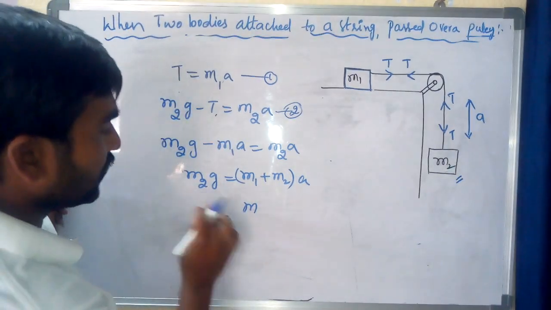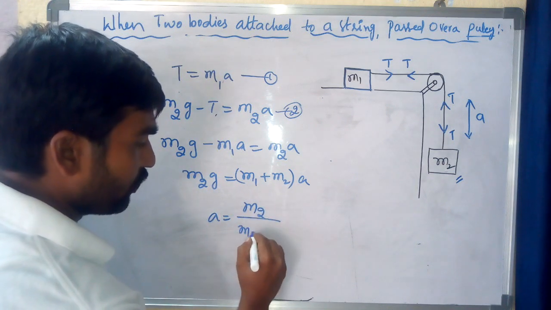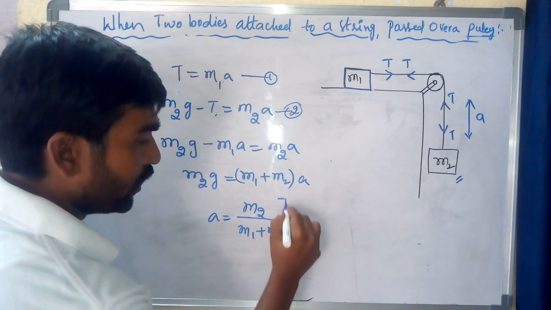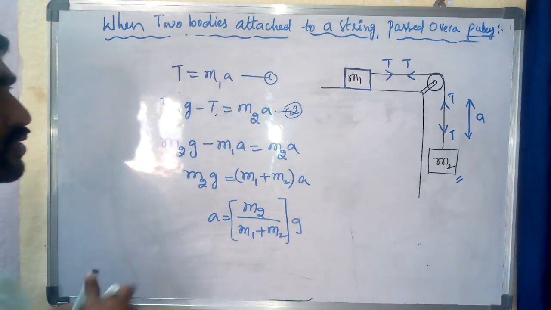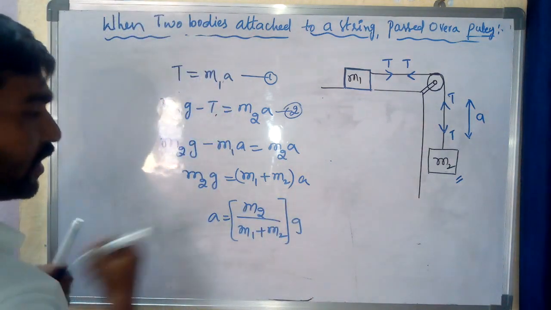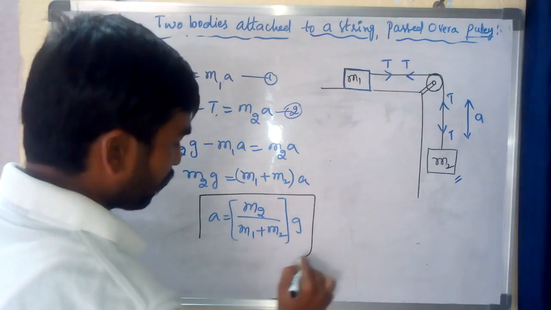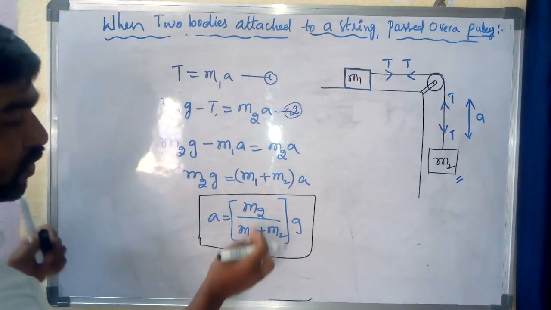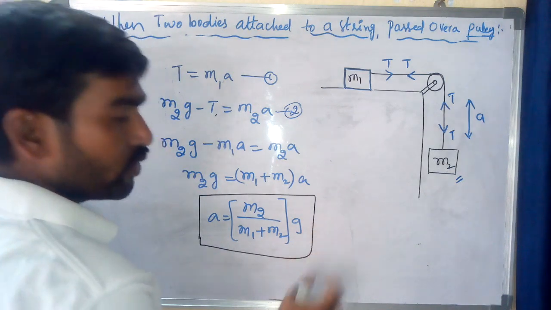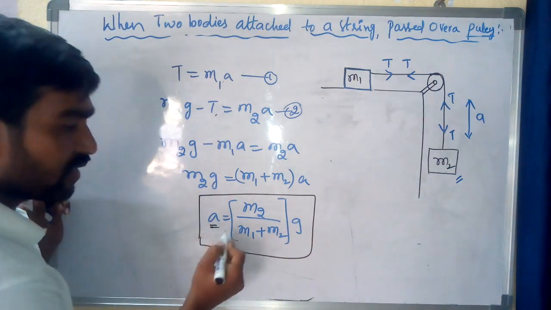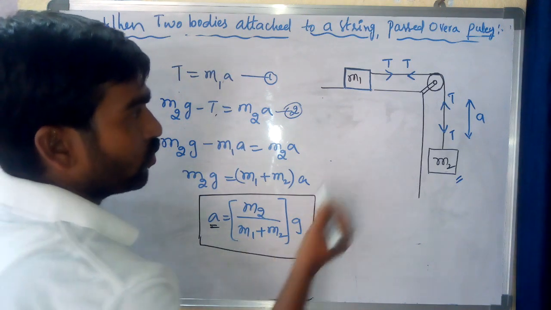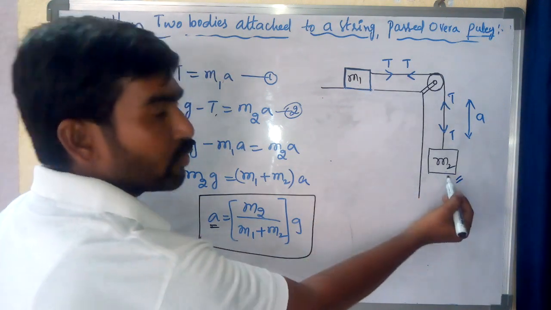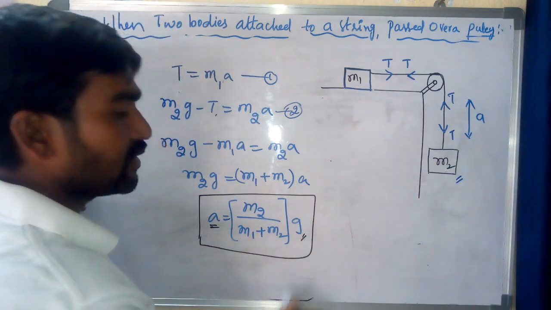That is m2 by m1 plus m2, into G. This is the acceleration of the given bodies. So A is equal to m2 upon m1 plus m2, into G. Here A is the acceleration of the second body, m1 is the mass of the first body, m2 is the mass of the second body, and G is the gravitational acceleration, which acts downwards.